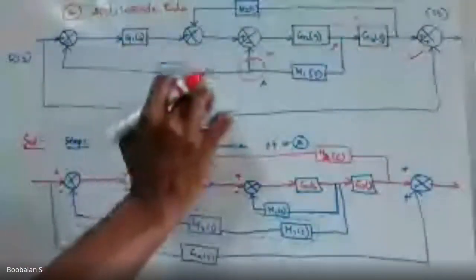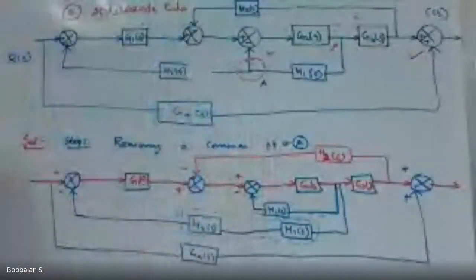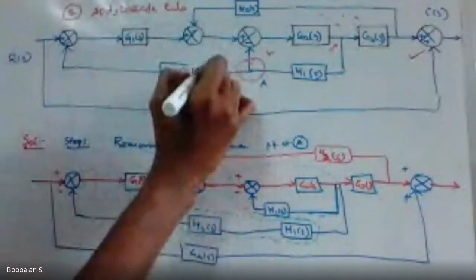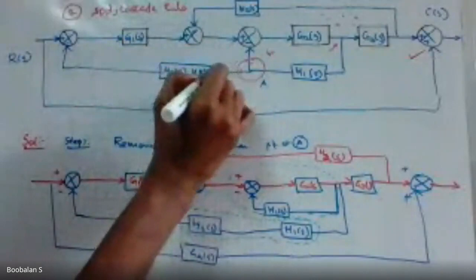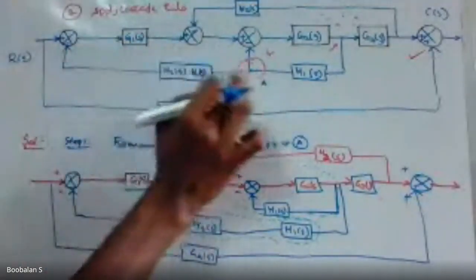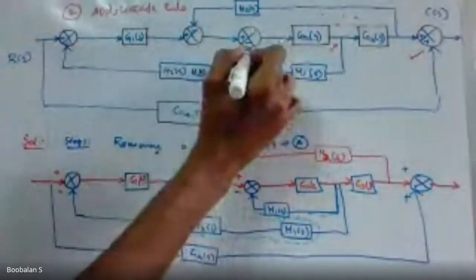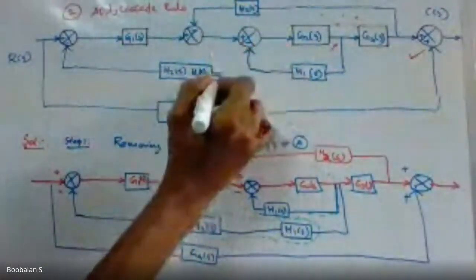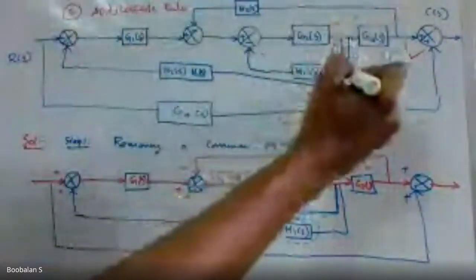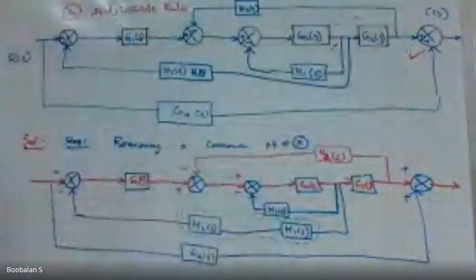So H1 into H2, and the remaining will be the same. H1 of x into H2 of x. This is connected over here. So the cascade rule is over.